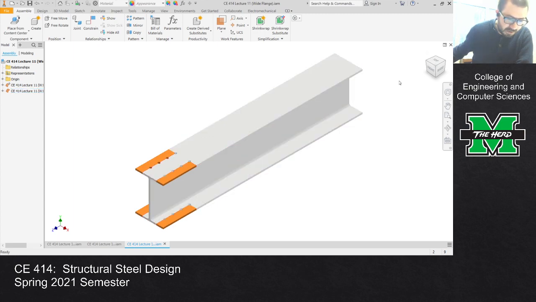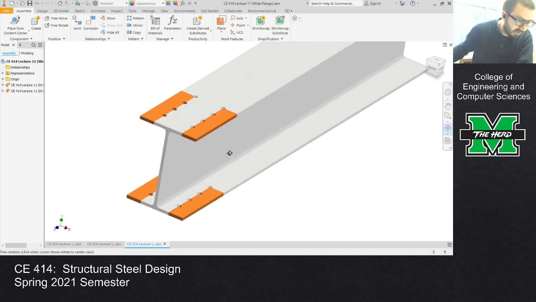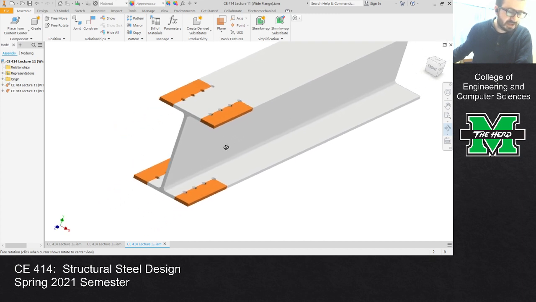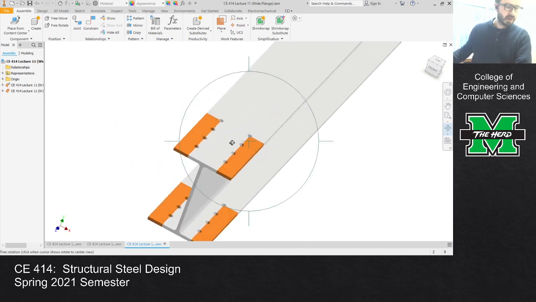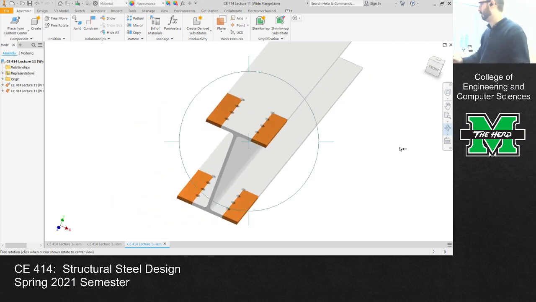If you rotate it, they all look the same, they're all the same connection scenario. They're just repeated. So any one of those blocks is going to have the same capacity. I like it.